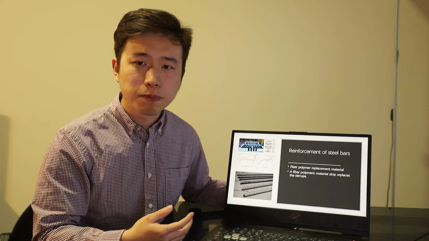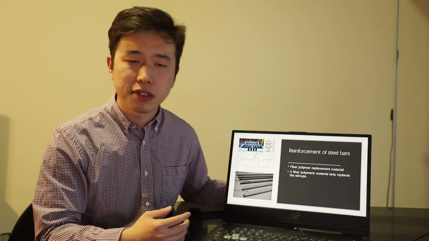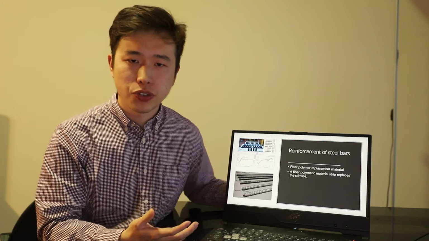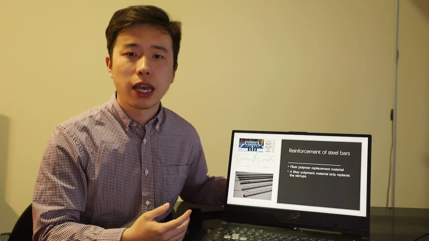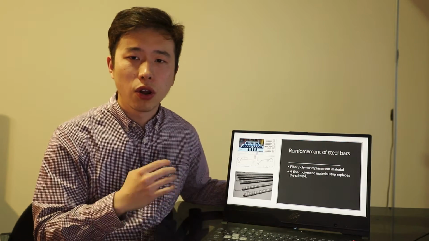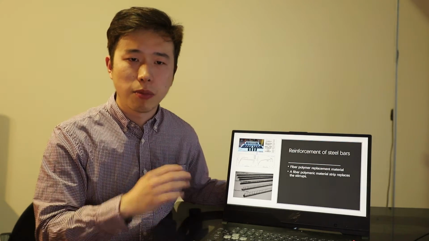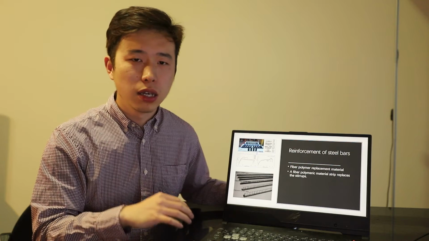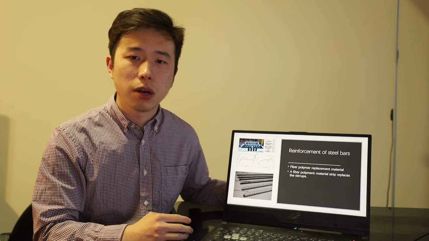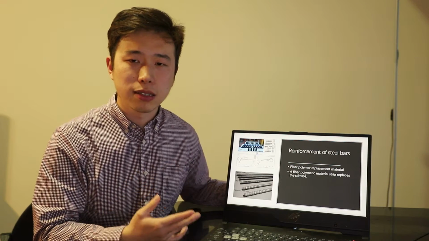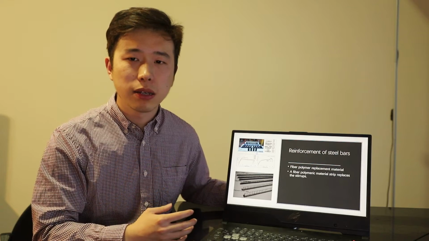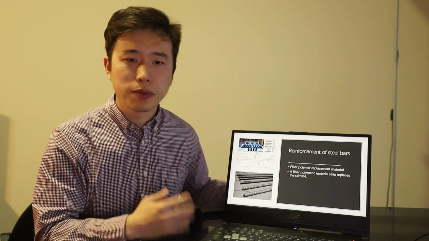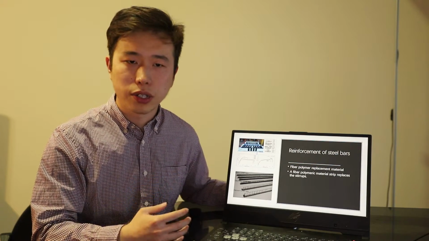And the corrosion resistance of the fiber reinforced materials can solve the problems of corrosion failure of steel bars, and it increases the tensile strength, and can also replace the binding effect of the strips on the concrete.